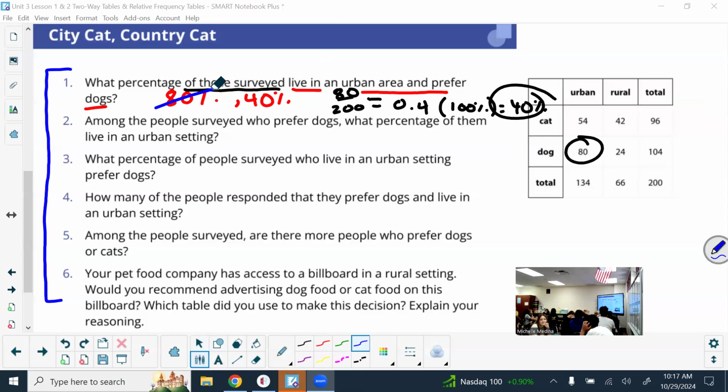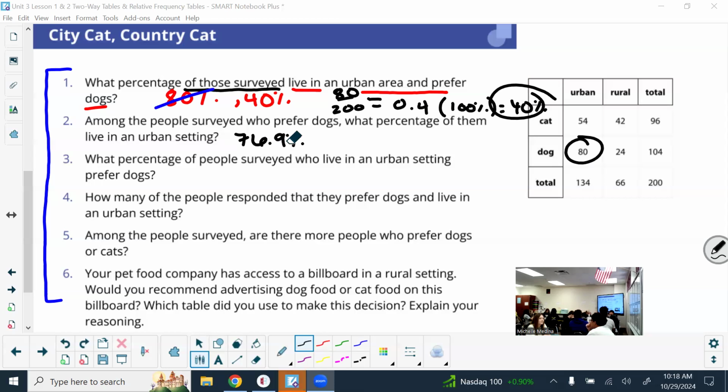Okay. So then table 6. Among the people surveyed who preferred dogs, what percentage of them live in an urban setting? Okay, 76.9%.